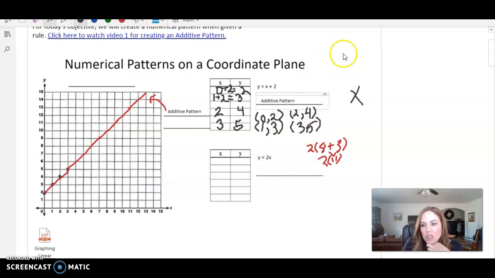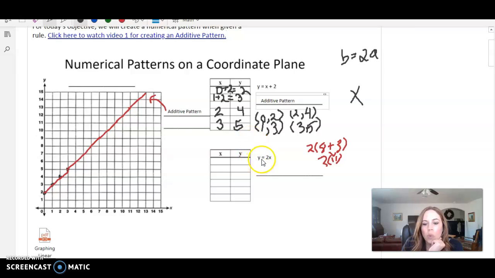My rule could also be like b is equal to 2a, and that also means multiplication. So I could say, I want a to be 0, and I'm going to multiply 0 and 2 together to figure out what b is. Our variables don't always have to be x and y. They just usually are, and so that's what we are using here.